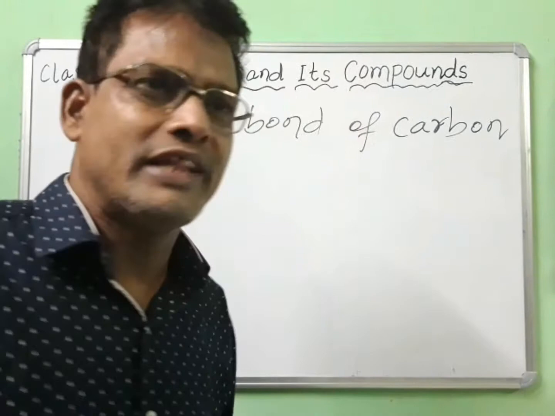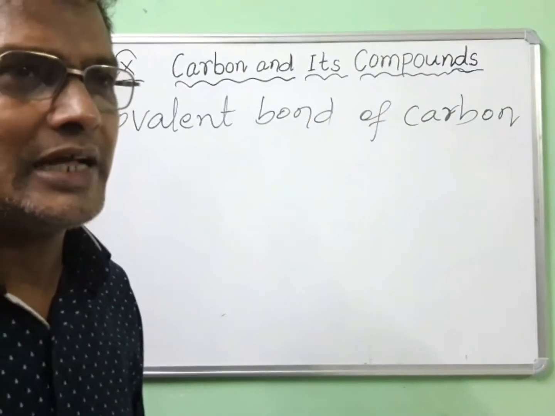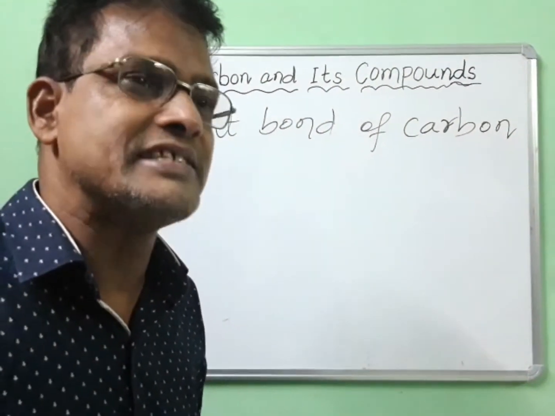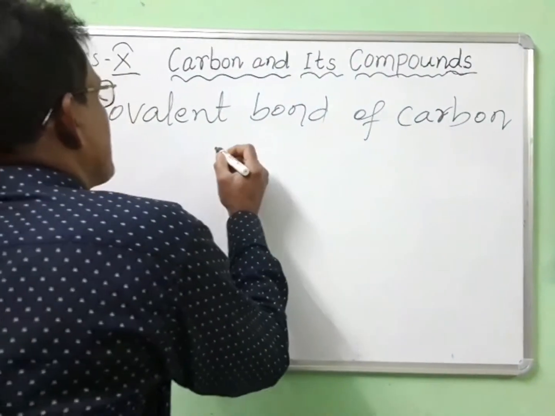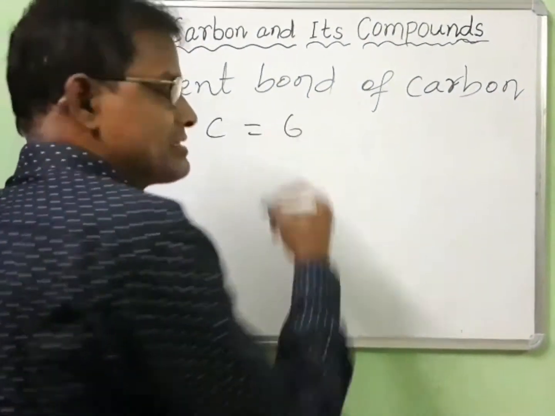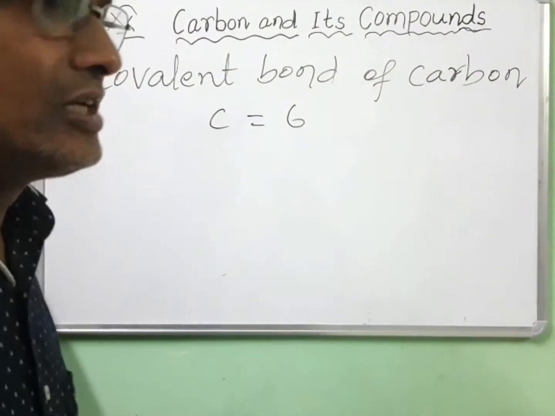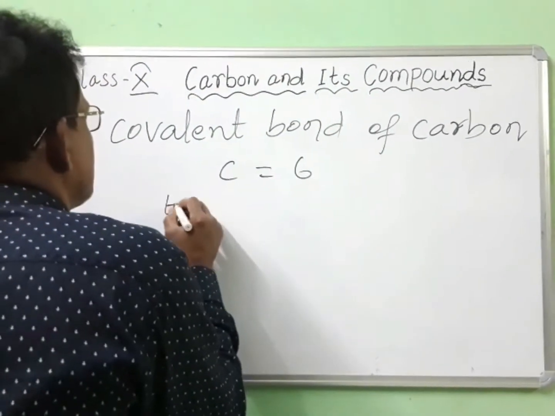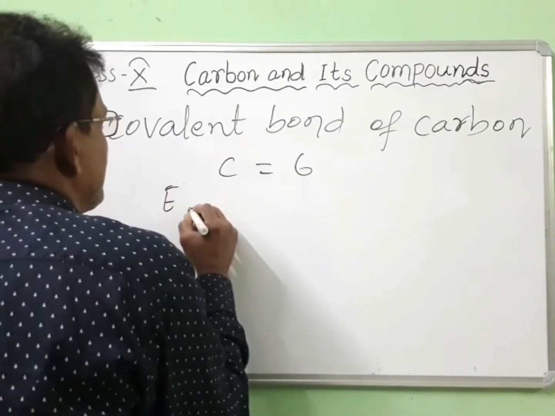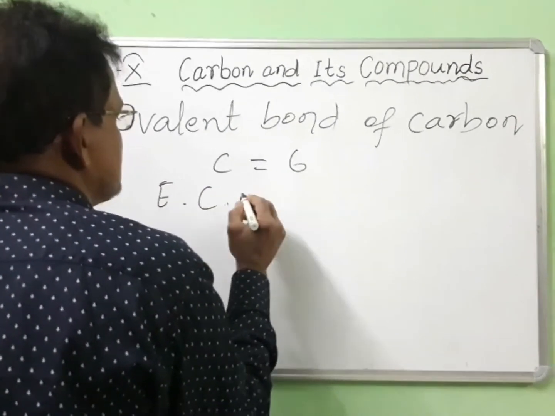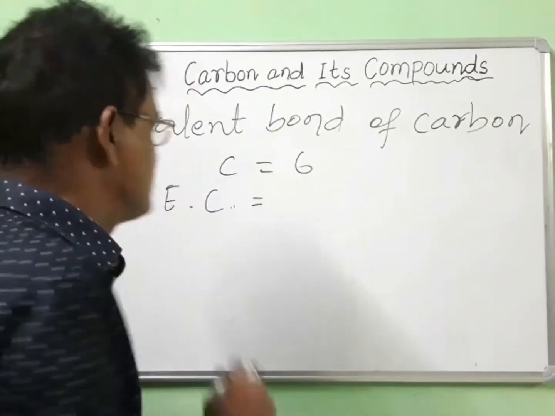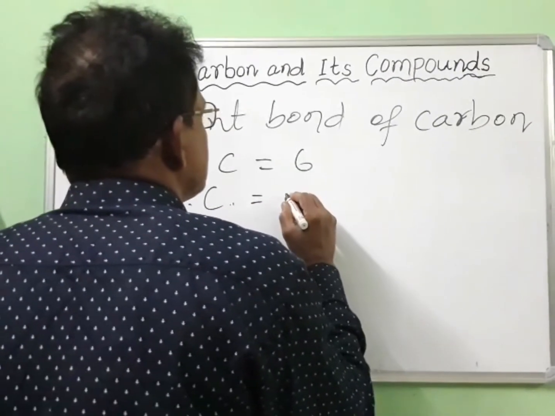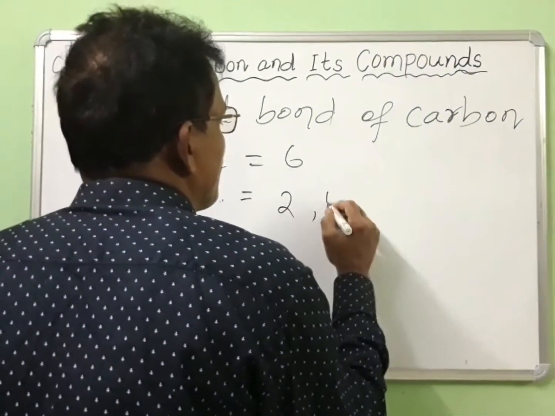We already know that the atomic number of carbon is 6. So the electronic configuration of carbon is 2, 4.